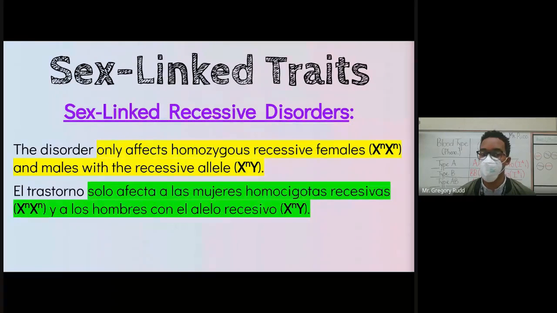Heterozygous females do not have them either. They are carriers for those disorders, but they don't have it. Homozygous dominant males do not have these disorders. You can only have this disorder if you are homozygous recessive.